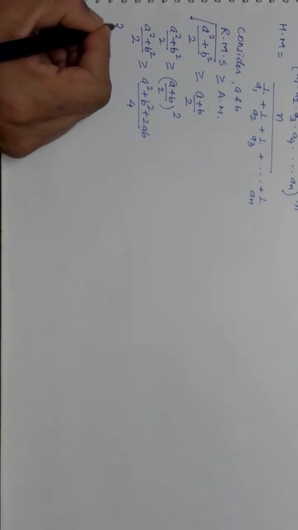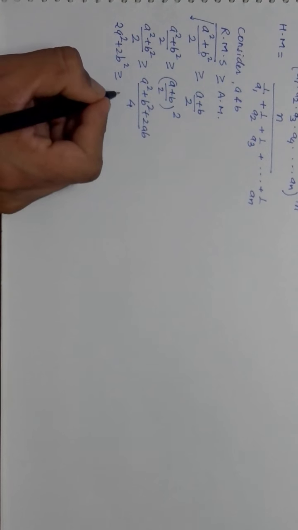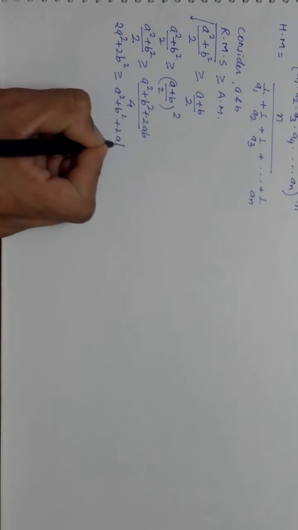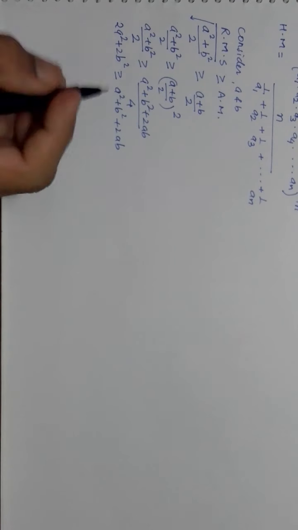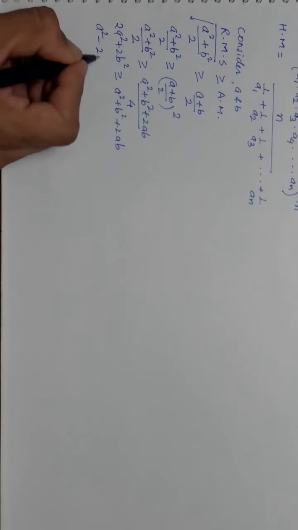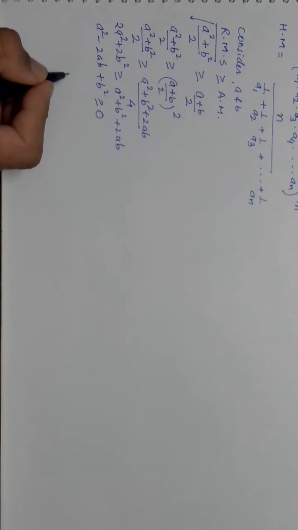that is 2A square plus 2B square is greater than equal to A square plus B square plus 2AB, which solving further, this A square will reduce, we will get A square, this will become minus 2AB and this will become plus B square is greater than equal to 0.